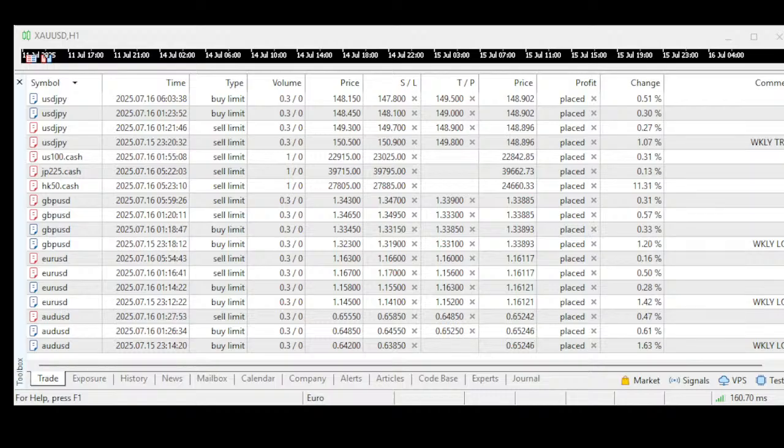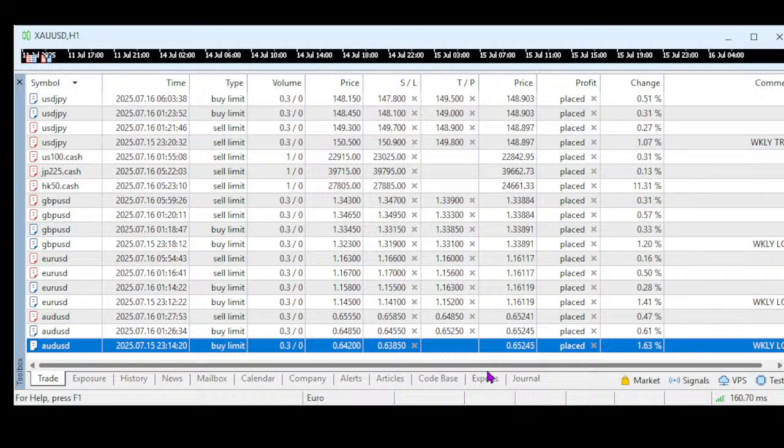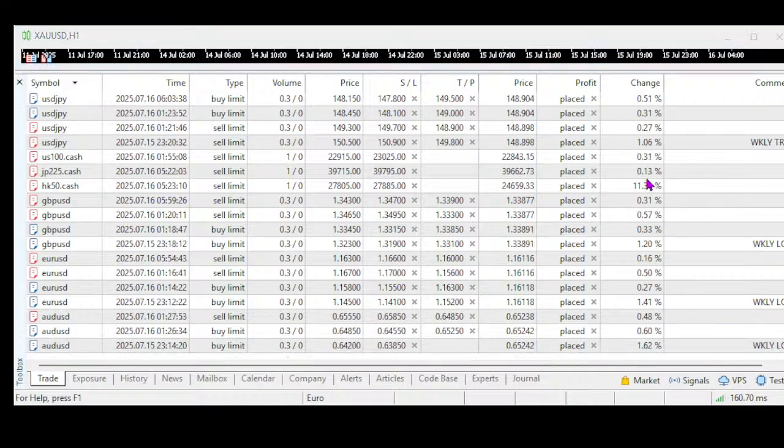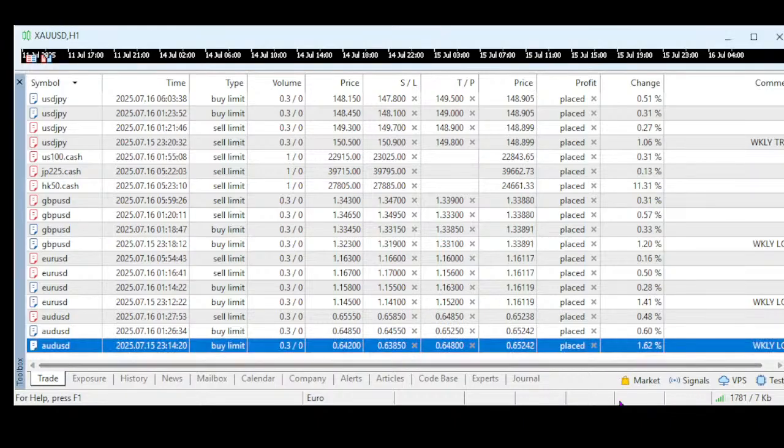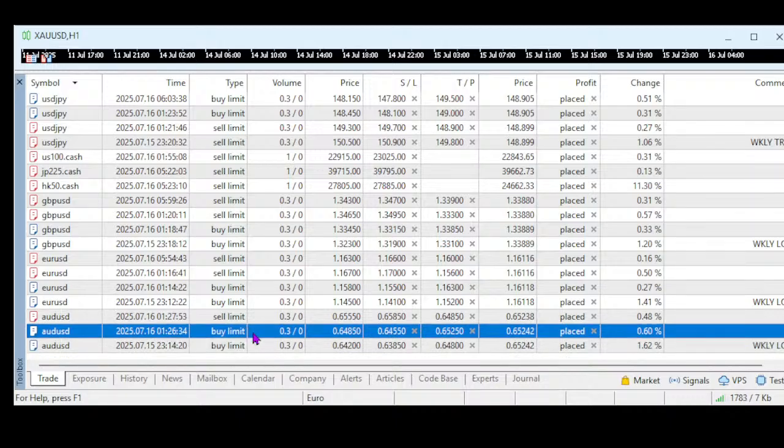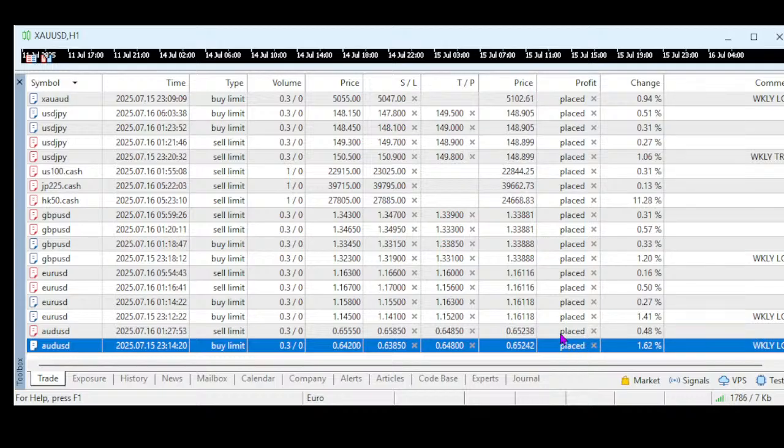So let's see the orders we have given for Aussie. We have a weekly buy, which is 64.20, the weekly low. So we will exit at 64.80. Then we have a buy order. I think we already let go of that one.